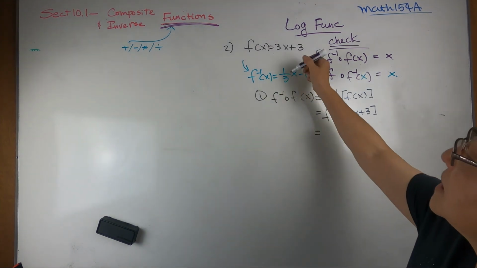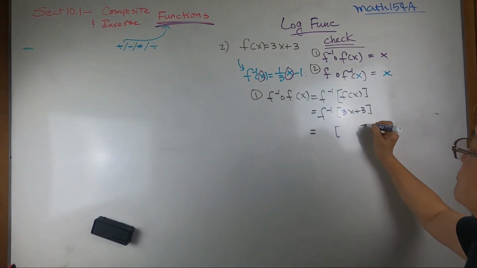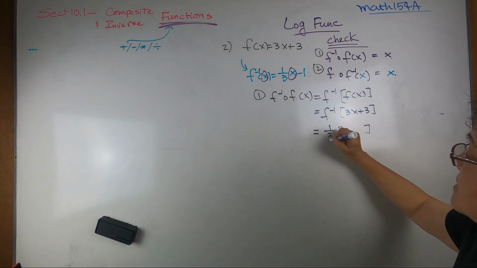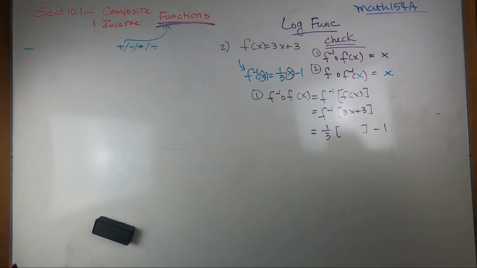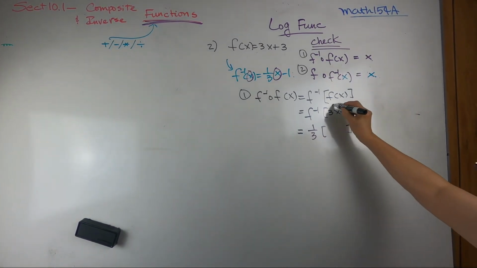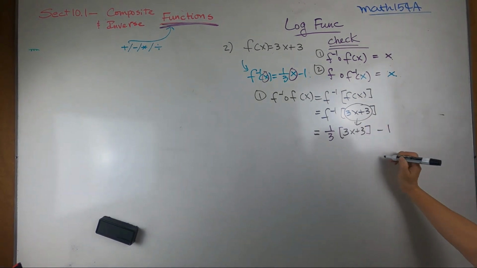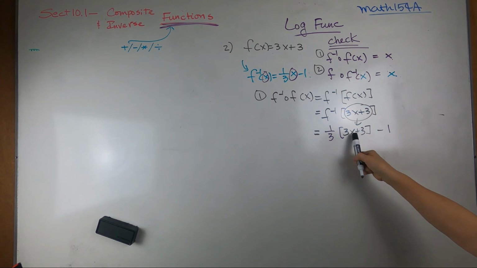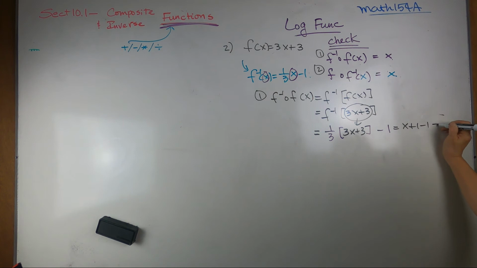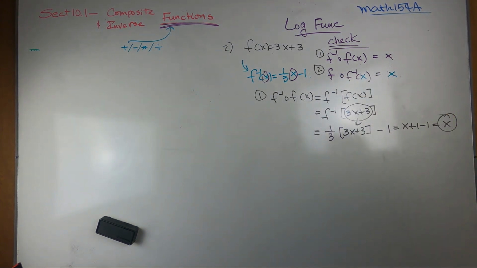Inverse says, whatever you give to me, I will multiply by 1/3 and minus 1. Right? 1/3 of X minus 1. But now your X is this one, so you will do that by plugging in. So 1/3 of X plus 1, minus 1, right? X plus 1 minus 1, so you get X. So you get back. That's how you check.